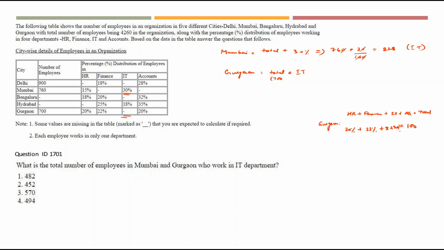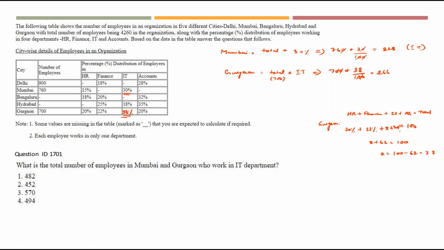So 20 plus 22 gives 42. 42 plus 20 gives 62. So X plus 62 is equal to 100. X is equal to 100 minus 62, which is equal to 38. 38 percent of people are working in IT. Now this will be 700 into 38 percent. Cancelling both zeros, we have a value of 266.